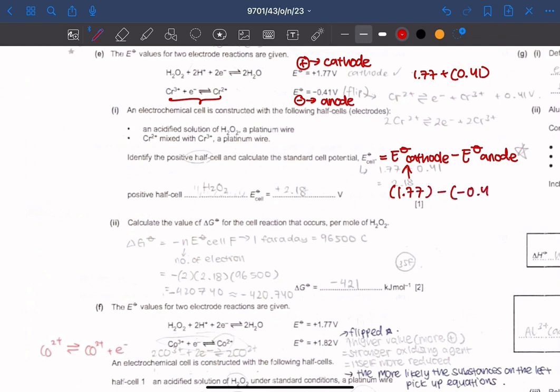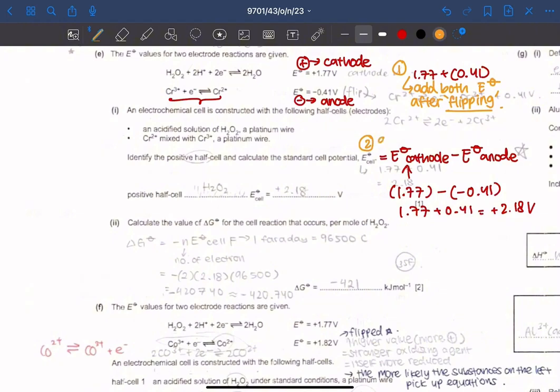So 1.77 plus 0.41 is positive 2.18 V. To prevent any misunderstandings, we could say that in the first method, add both E naught after flipping, and for the second method, don't flip the E naught.